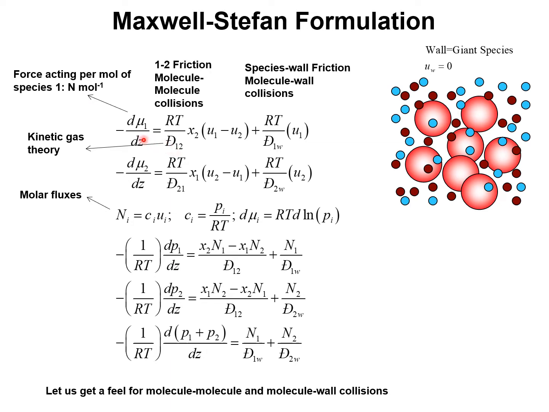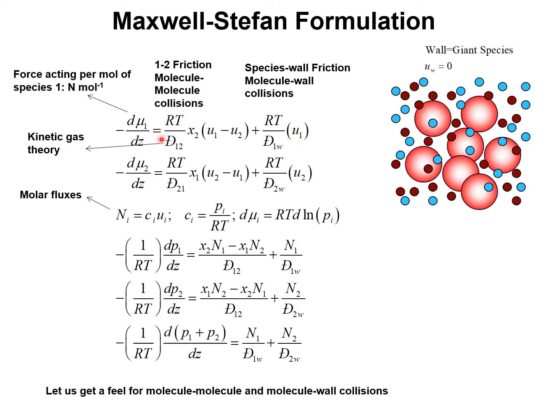Component 1 experiences friction in undergoing a relative motion with respect to species 2, and friction in undergoing relative motion with respect to the 3rd component, which is the pore wall. The relative motions are described by the difference in the velocity u1 minus u2, and since the wall is stagnant, we just have u1 here.